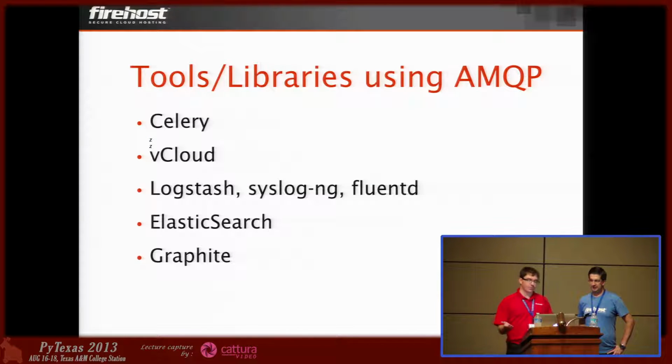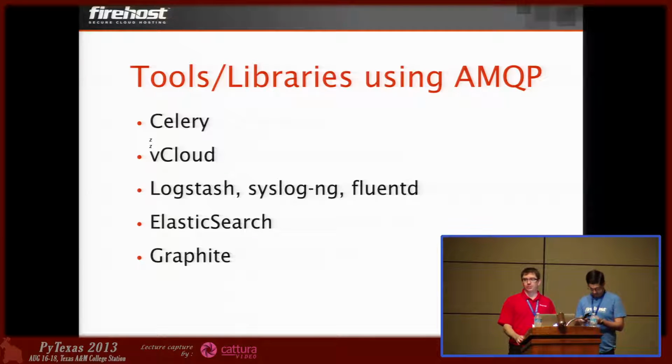So tools and libraries that use AMQP. Celery, obviously. VMware's vCloud product will send you notifications about what's going on in the infrastructure over RabbitMQ, AMQP. Logstash, syslog-ng, FluentD, these are all logging systems, logging sinks that can then forward messages out over AMQP to AMQP consumers. Elasticsearch will use AMQP as a source.